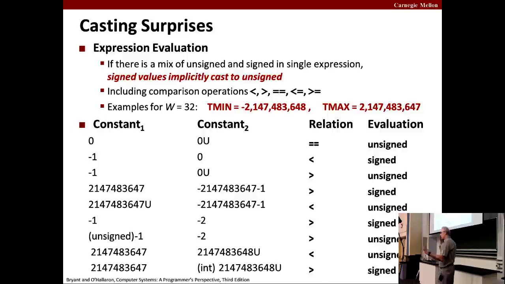If either argument is unsigned, then it interprets the remaining one as being unsigned. It turns out, and we'll get into this more next time as far as bit patterns, that at the bit level, addition, subtraction, even multiplication are the same whether it's an unsigned number or a 2's complement number. So we'll talk about that more next time.